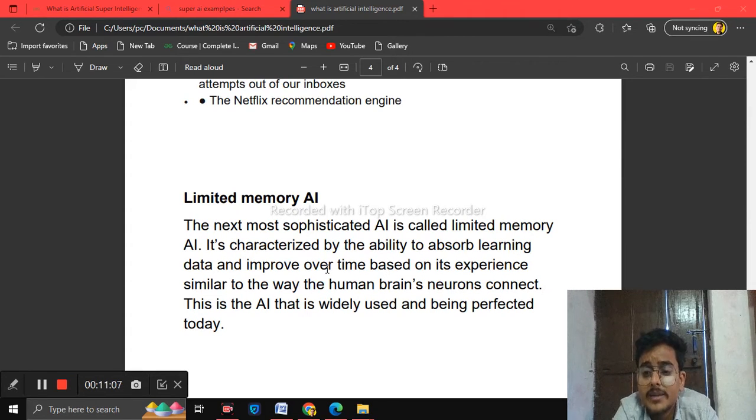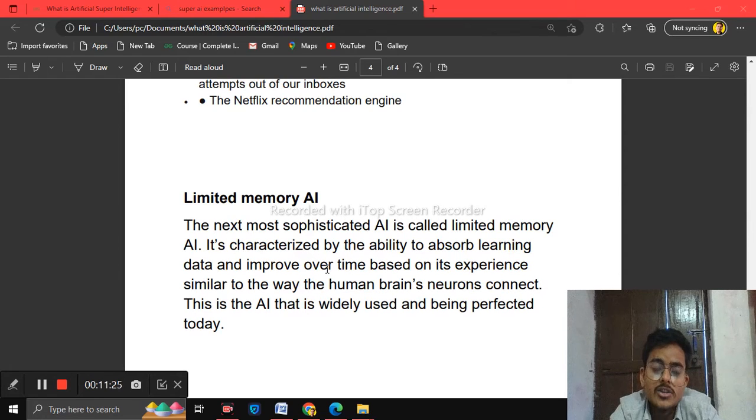It has limited memory, as its name says, and it will not surpass humans; it works within a certain memory. This is the AI that is widely used and being perfected today. We use limited memory AI today.